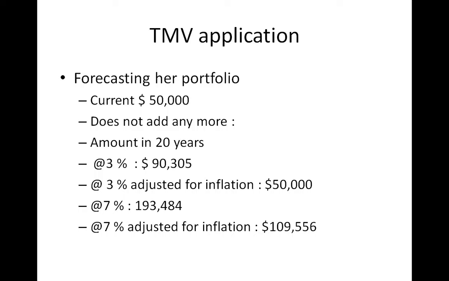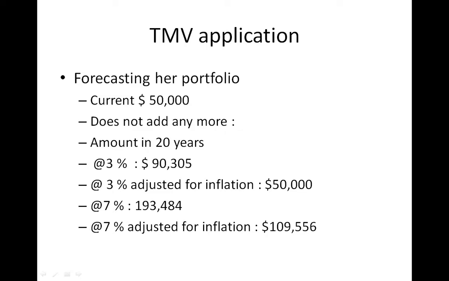If we go through the calculation with Excel, which I will do to show you again, you will have 90,305 in 20 years. Now again, if you adjust for inflation, which means inflation is 3%, the money really will not grow at all. Why? Because even though the money will be 90,305, it will feel like 50,000 because everything would be a lot more expensive.